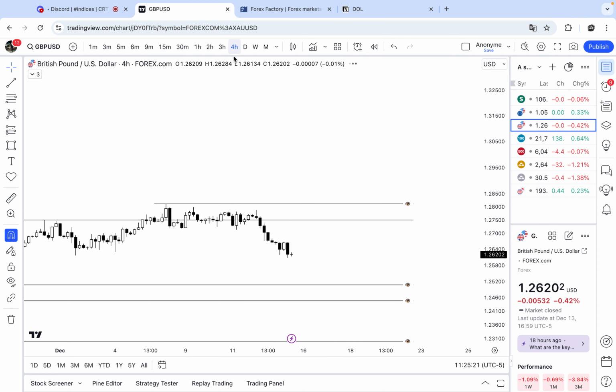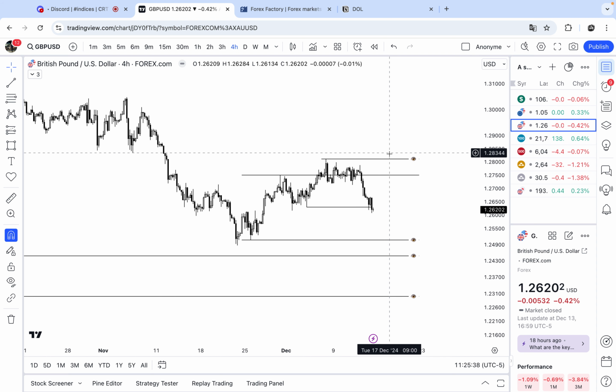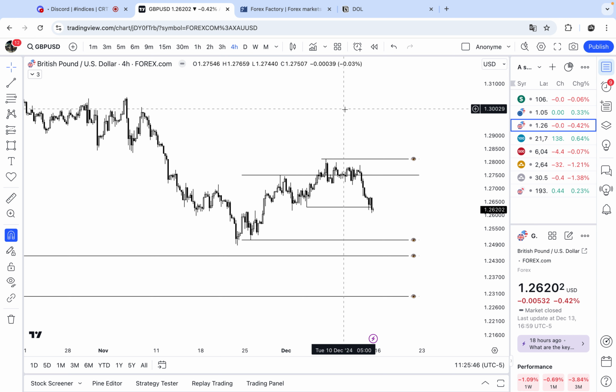But on the 4 hour, we did a market structure shift. So that's why this is a draw on liquidity right here. So if price reaches here, and I see a trade confirmation such as a wick, I'm using order flow.